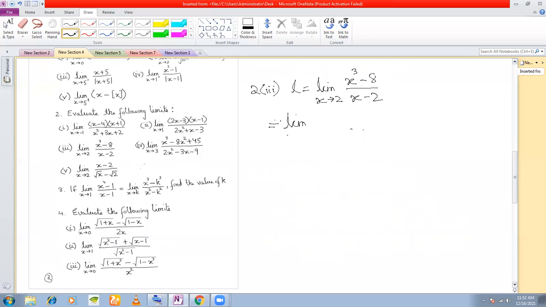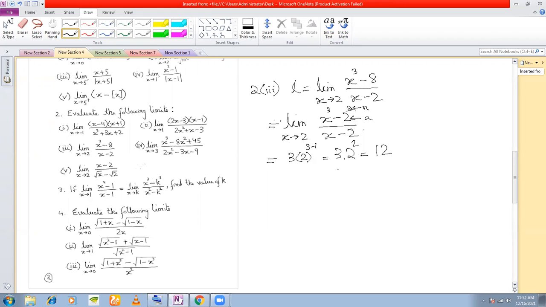You can use n(a) to the power of n minus 1 because x tends to 2 and the numerator can be written as x cube minus a cube divided by x minus a. So n here is 3, a here is 2. So we can use the standard limit now. n into a to the power of n minus 1, which is equal to 3 into 2 square, which is equal to 12.